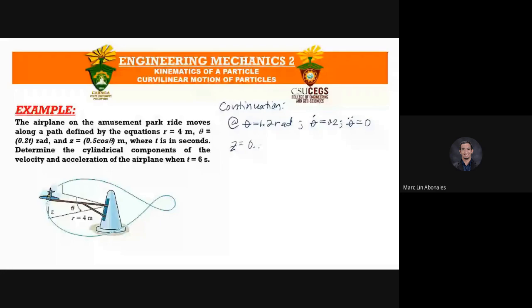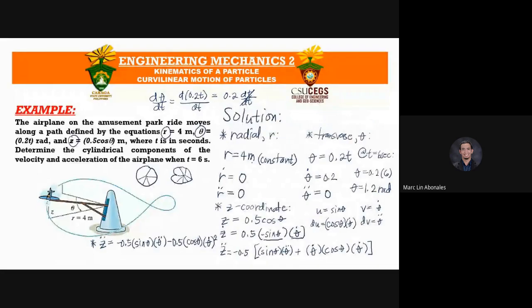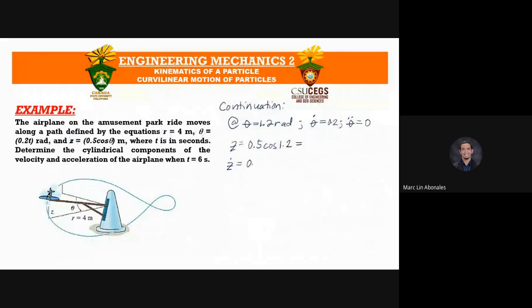0.5 cosine 1.2. Ang sa z dot, that was 0.5 negative sine 1.2 times 0.2, so mao ang angular velocity, theta dot.